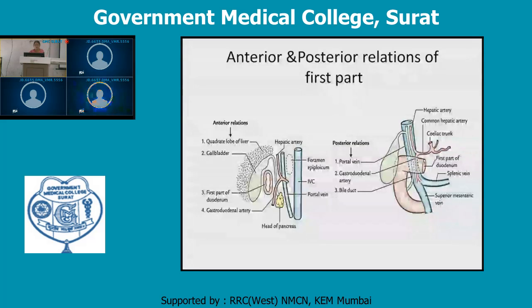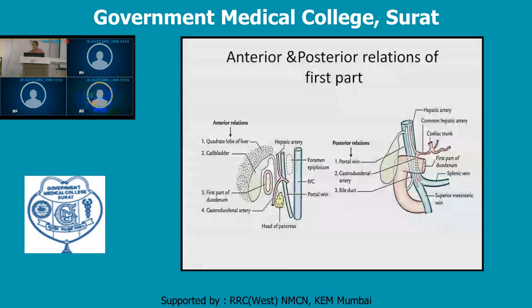So see here the anterior relation. See the first part of the duodenum in this diagram, and in front of it there are the gallbladder and the quadrate lobe of the liver. So the quadrate lobe of the liver and the gallbladder are the anterior relations of the first part of the duodenum, and posterior to the first part are the portal vein, bile duct and gastroduodenal artery.